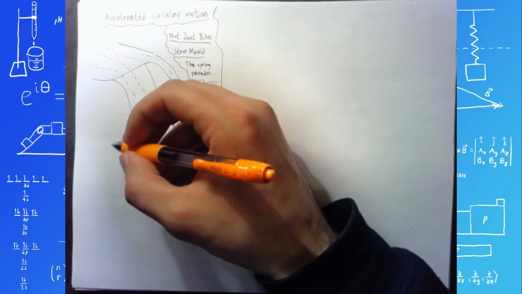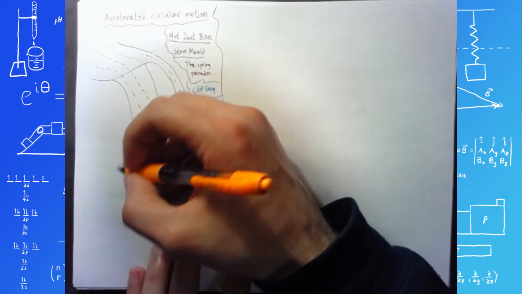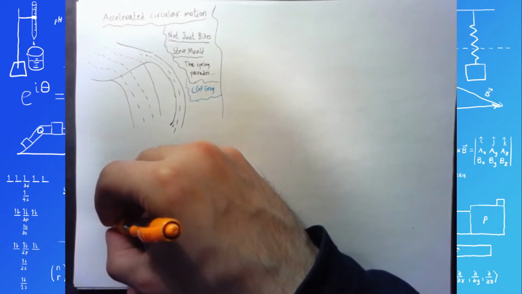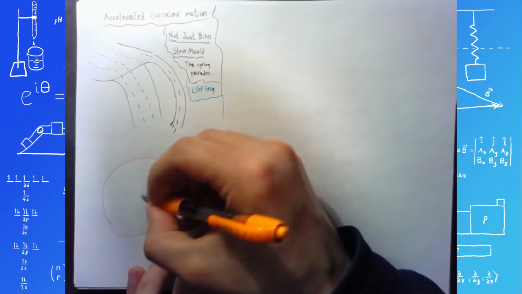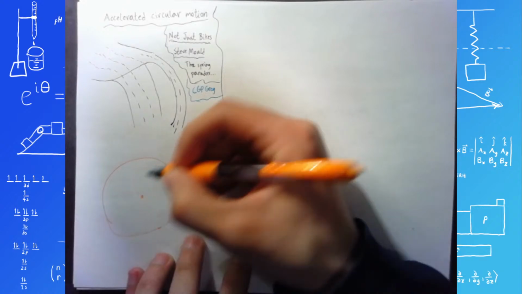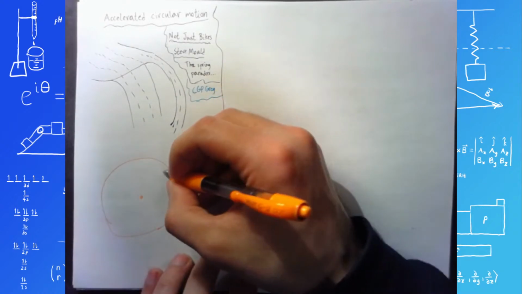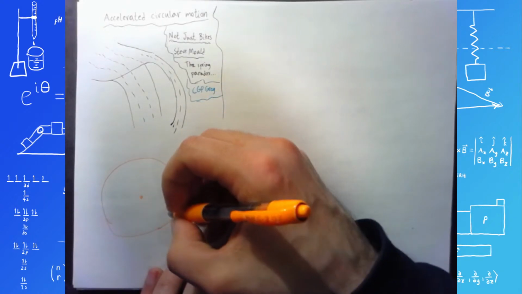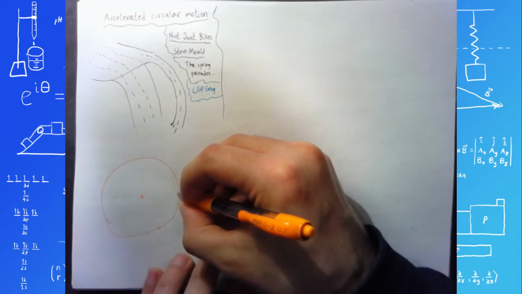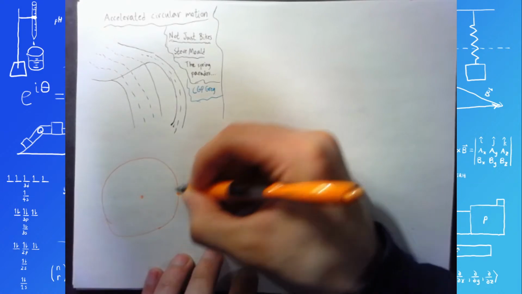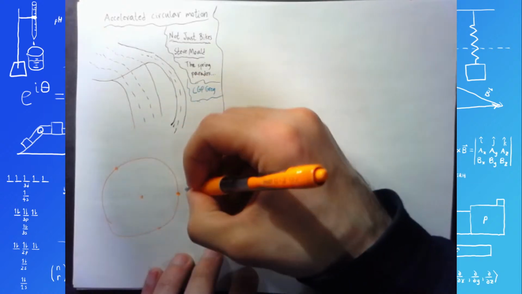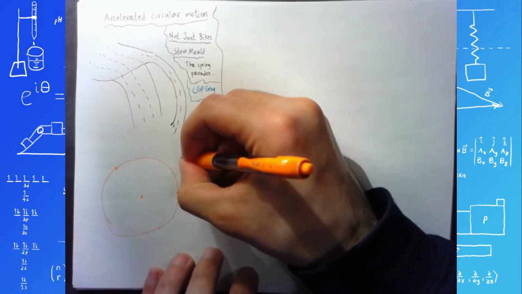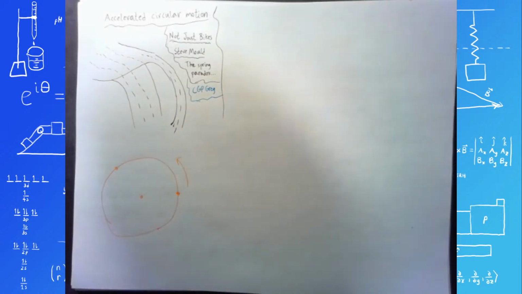I don't really want to attach numbers to this problem. I really just want to highlight what's going on. So let's say you start over here, and sometime later you're over here, so you're moving in this direction.